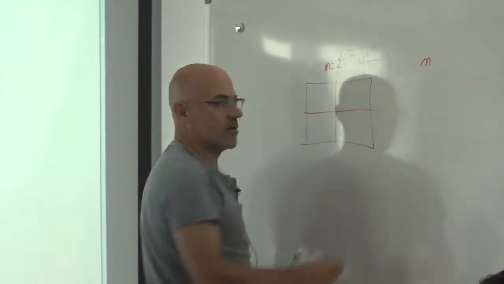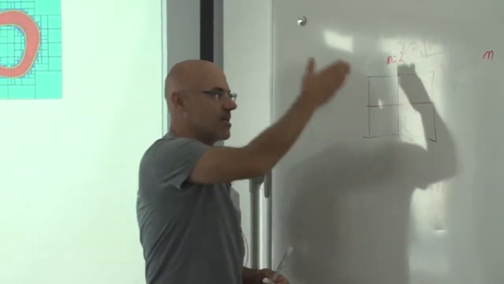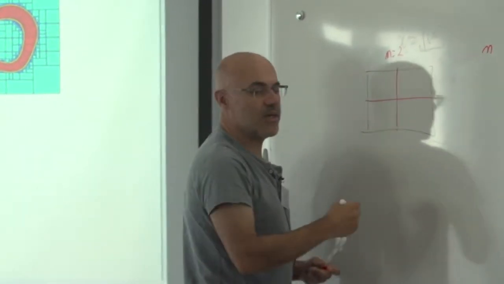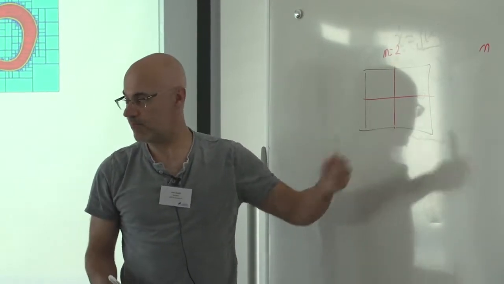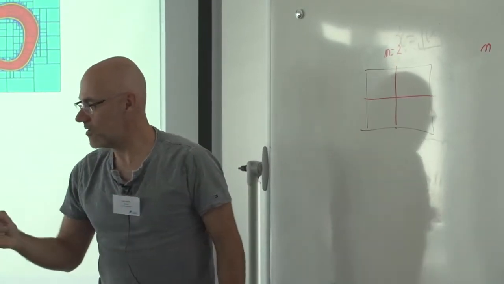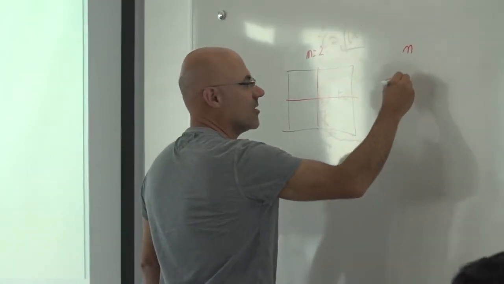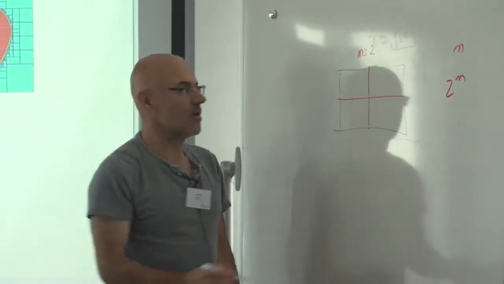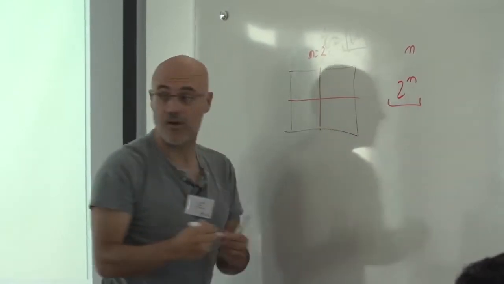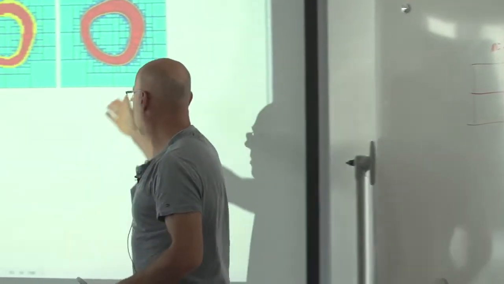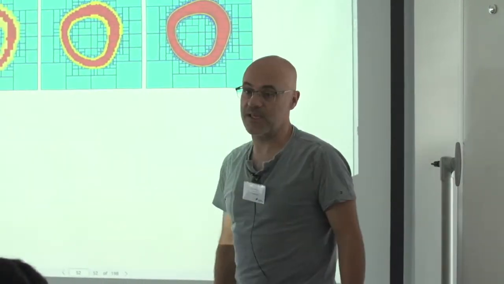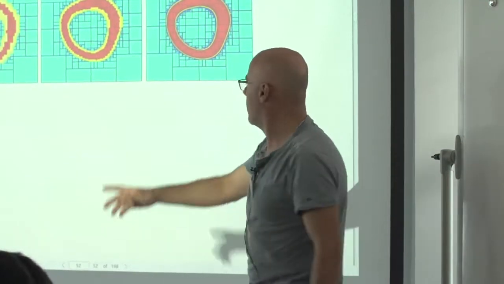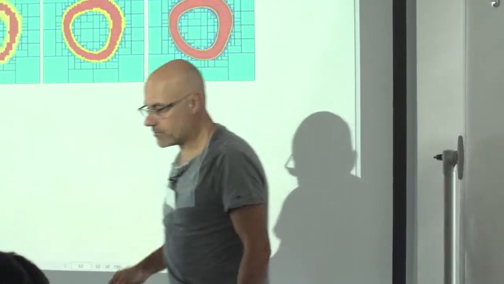Now for a general n, if I bisect in all directions, how many boxes will I generate? 2 to the n. 2 power n. Okay. So this is huge. So it means if I have more than 2 unknowns, or 3 unknowns, or 1,000 unknowns, this kind of algorithm cannot apply. Understand why? Okay.